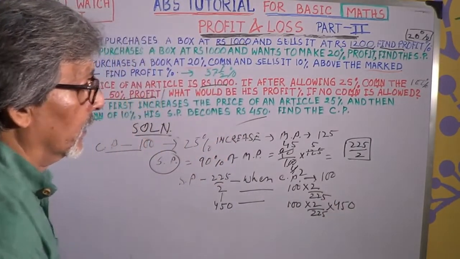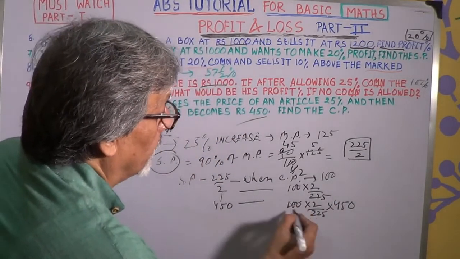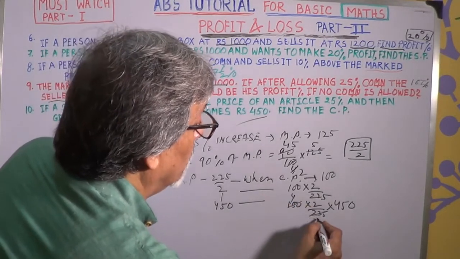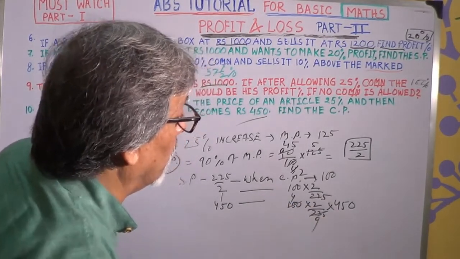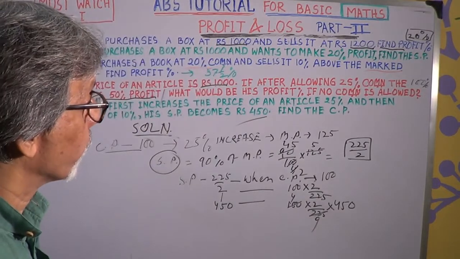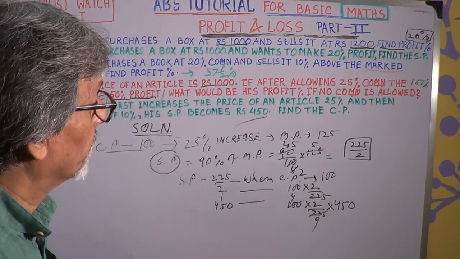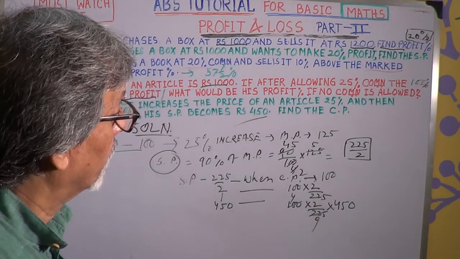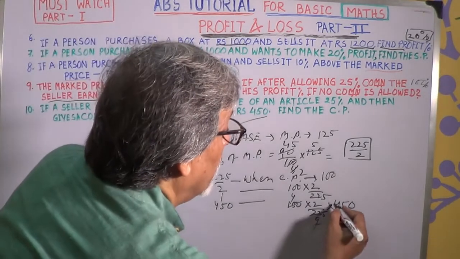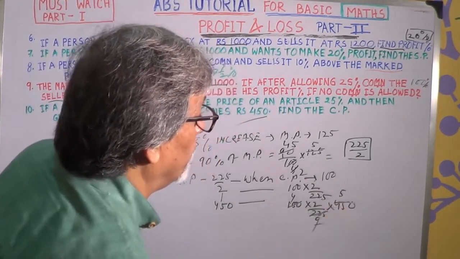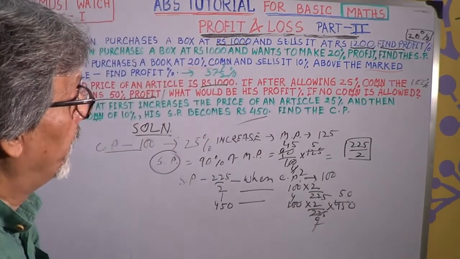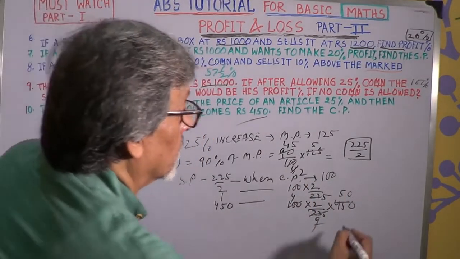Is it clear? So after cancelling, here we get 4, here it is 9, and 45 becomes 50.